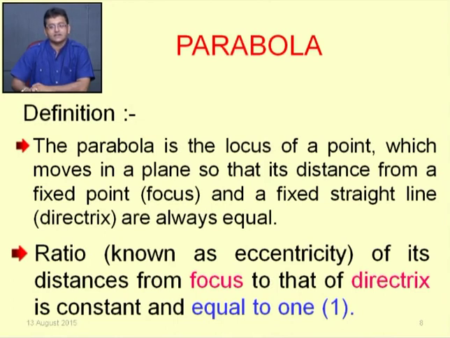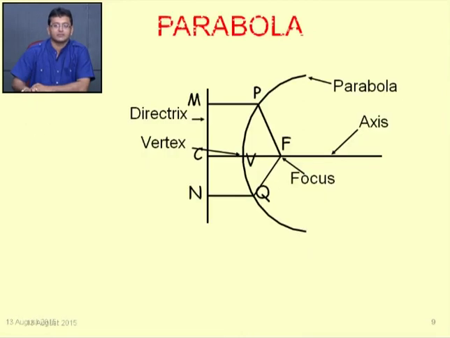Here the eccentricity value is 1. In an ellipse the eccentricity value is less than 1, and for a hyperbola the eccentricity value is greater than 1. So in the case of a parabola, the ratio of distance from the focus to the directrix is equal to 1, which is at equidistance from focus and directrix.